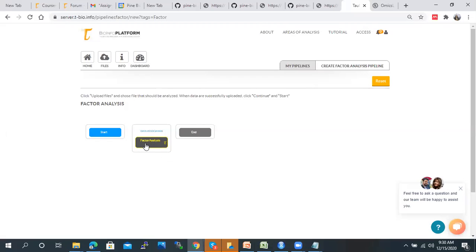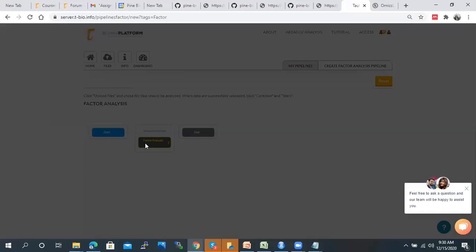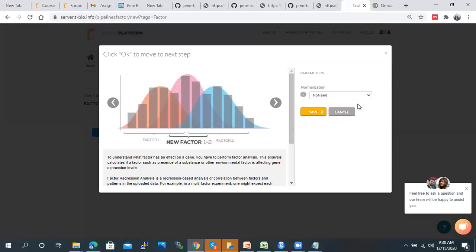Then we have to select the factor analysis. As this data is already normalized, I am providing a data set which is quantile normalized. It is first log scale transformed, and then we have also performed quantile normalization. So we are taking it by default that we don't need normalization. In case you have only FPKM values, you need to normalize your data.